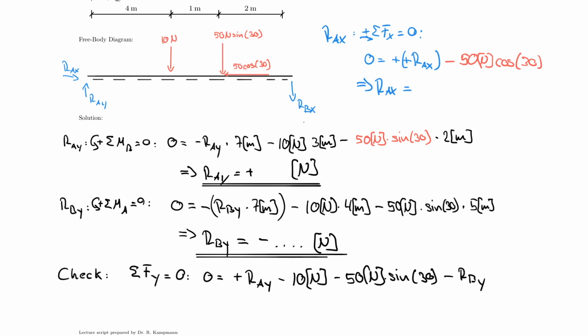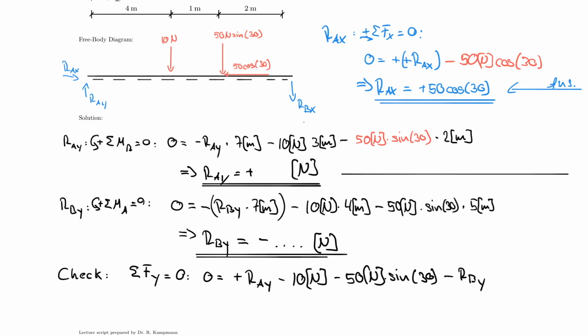And therefore I find that my answer here, without really calculating it myself, is plus 50 cosine 30. And that is a result as well. And therefore I now have my 3 results and my 3 answer arrows that I need to indicate that I solved the problem.